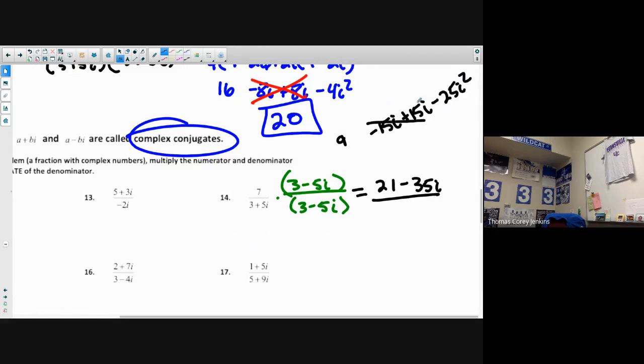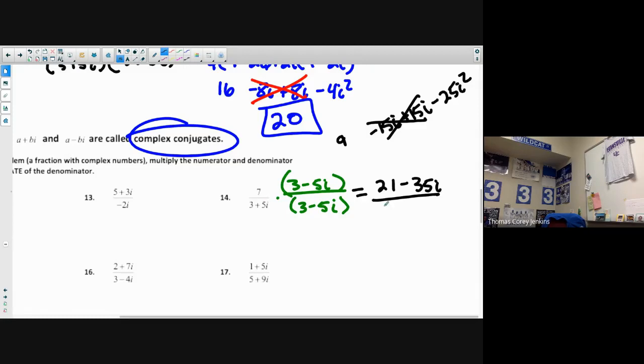But ultimately, we just want to be able to remember this, right? When I multiply a plus b times a minus b, I just get a squared minus b squared, right? So 9 minus 25i squared. A squared minus b squared, right? It's like a difference of squares.